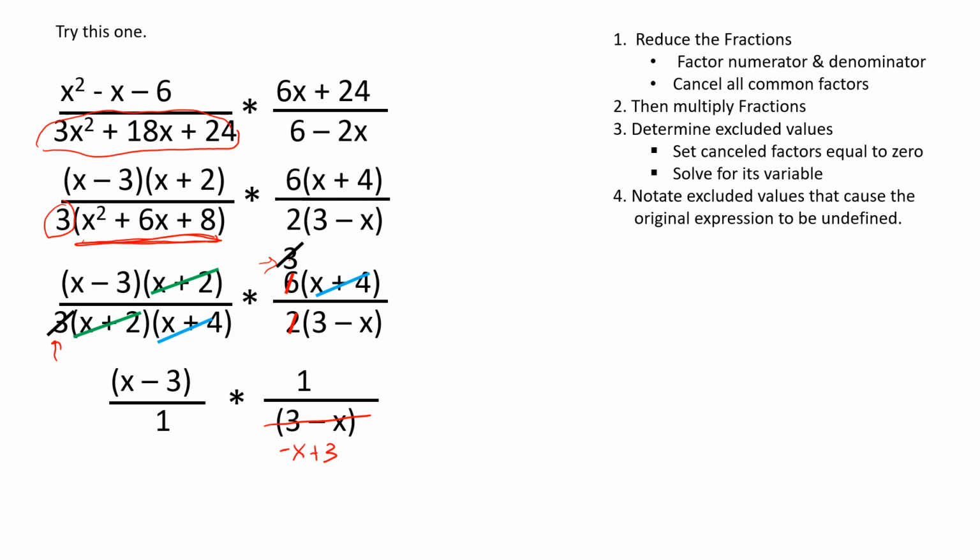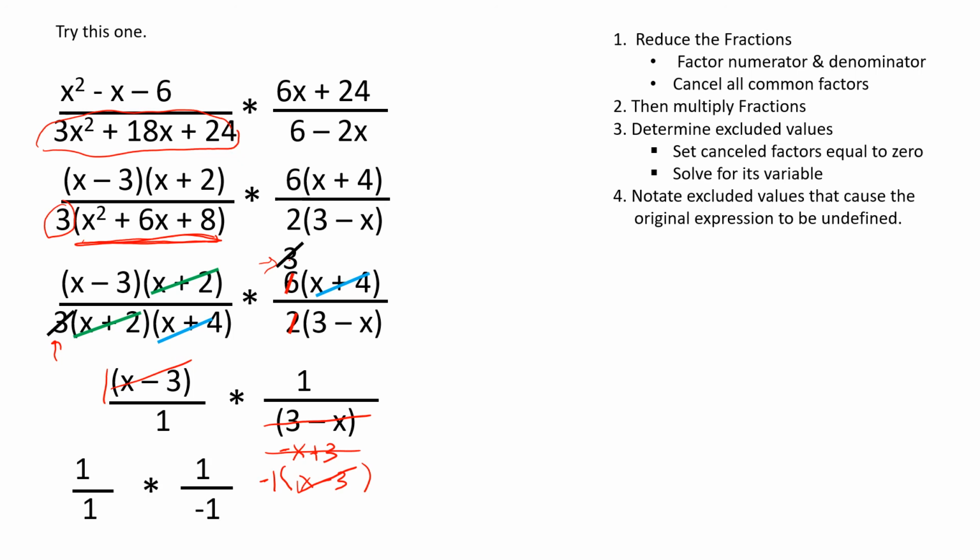But what I can do then is I can take this, I can factor out a negative 1, and I end up with x minus 3. So this now becomes x minus 3. What happens then is now I can cancel out this x minus 3, and now I'm ready to multiply.